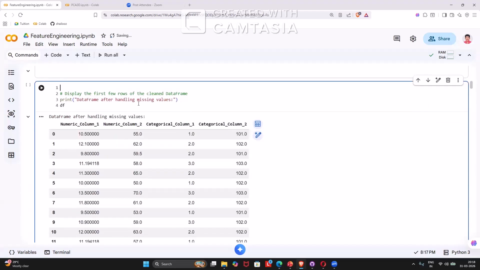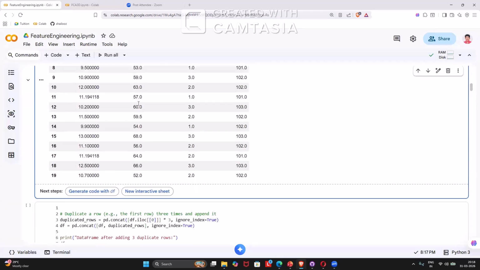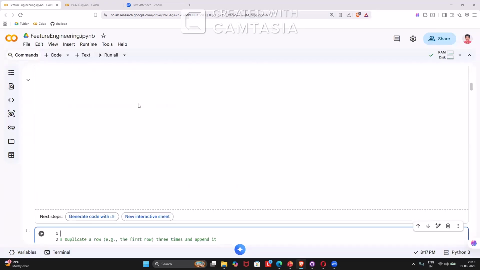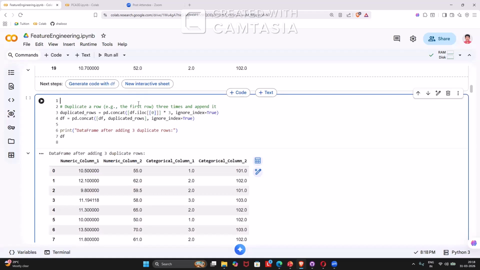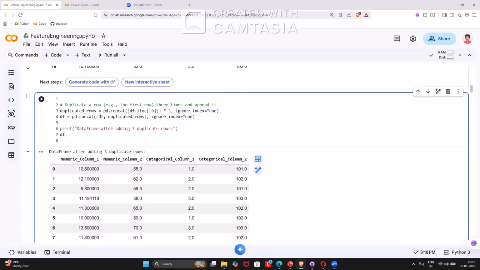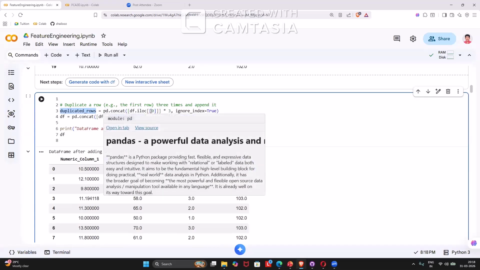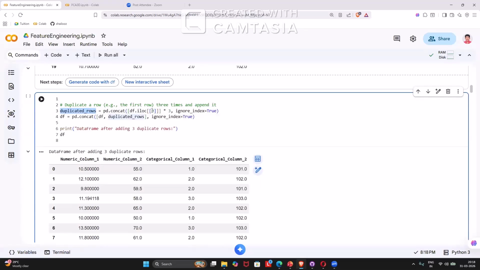Now, how to handle duplicate values. For that, first we created a duplicate row in another data frame equal to pd dot concat of df dot iloc of 0.